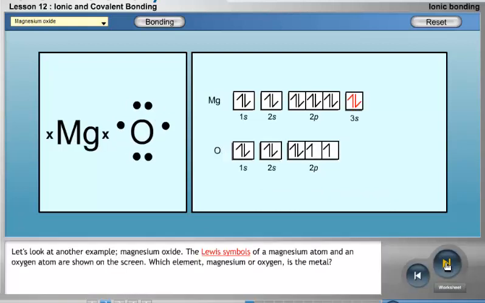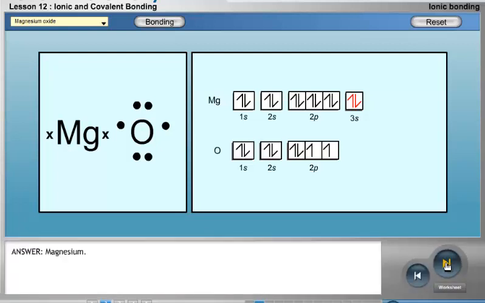Let's look at another example: magnesium oxide. The Lewis symbols of a magnesium atom and an oxygen atom are shown on the screen. Which element, magnesium or oxygen, is the metal? Answer: magnesium. What has to happen to give the magnesium atom a full shell of electrons?